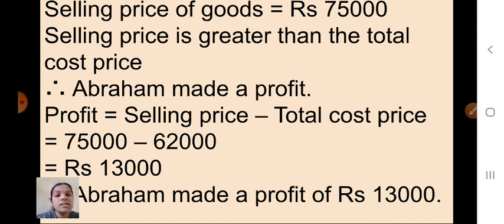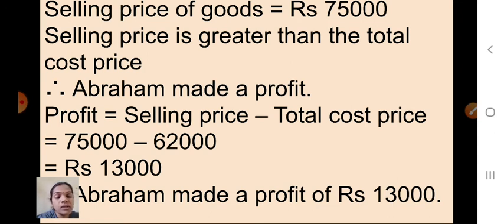Children, in this last, third word problem we found the total cost price. Some charges for transport or the like you have to add to the cost price, and that will be the total cost price. So here there is only addition and subtraction.